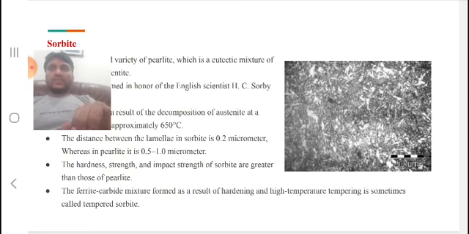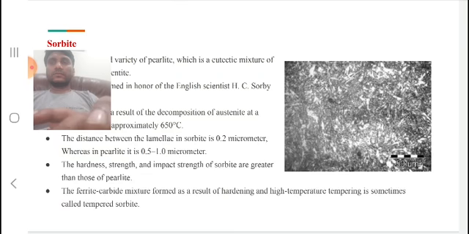The hardness, strength and impact strength of sorbite are greater than those of pearlite. Sorbite is formed by rapid cooling of hypoeutectoid steel between 650 and 400 degrees centigrade.